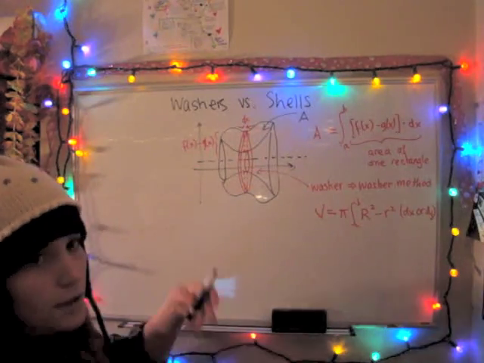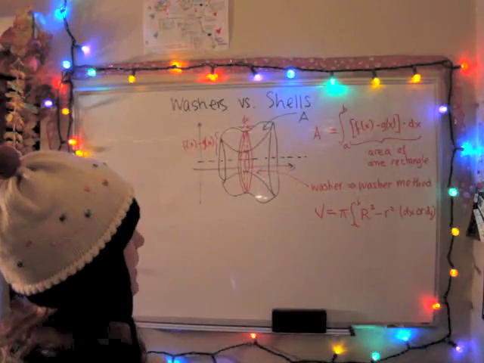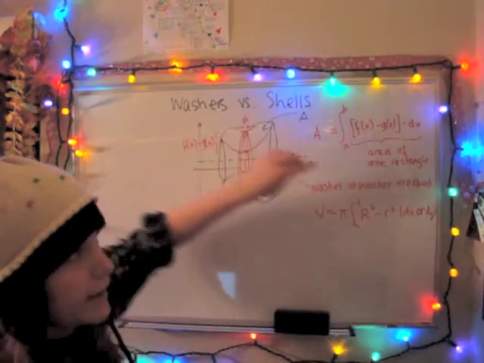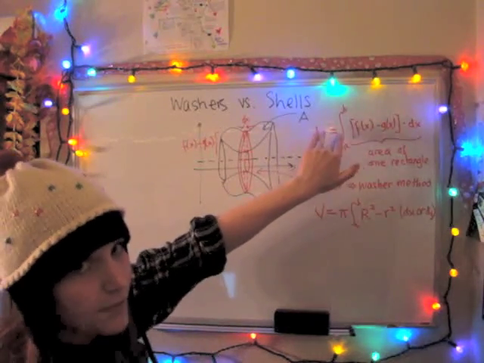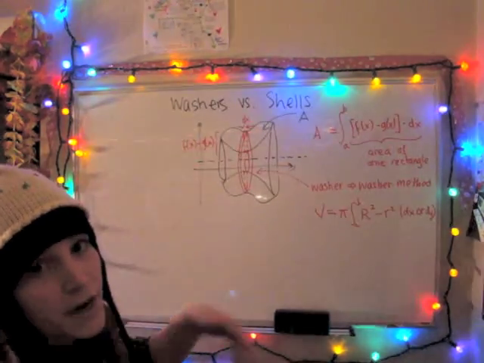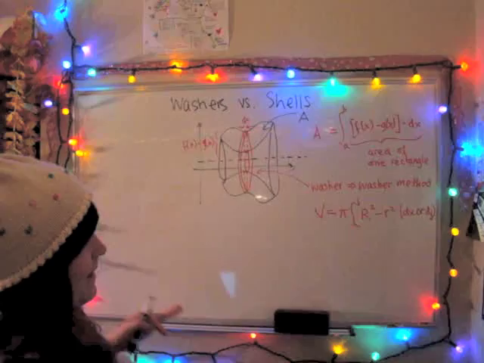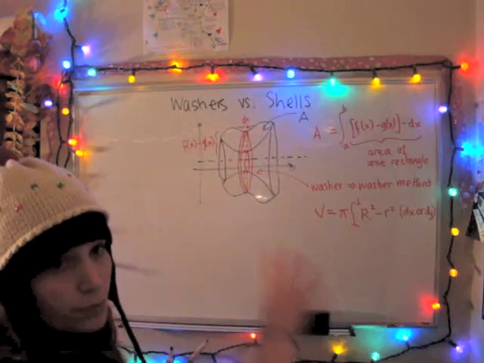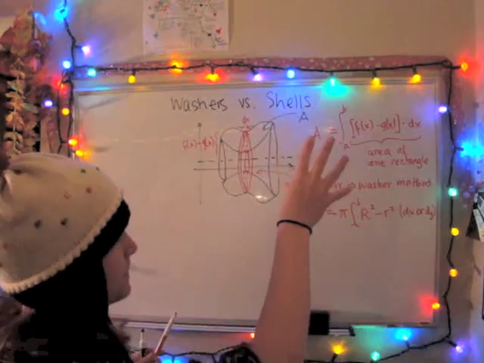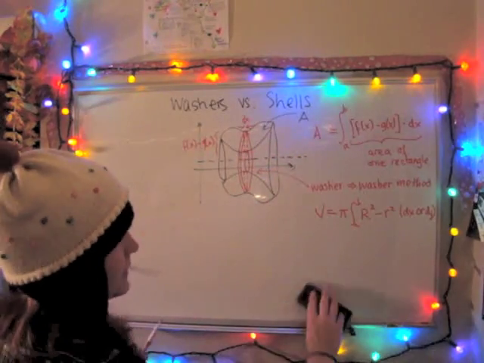So, alright, that's cool. Now we've seen that if we look at one of our little area rectangles from just finding the area of A, it can trace out a washer, and that can clue us in to use the washer method. But what if we take our original area A and we rotate it around a different axis?